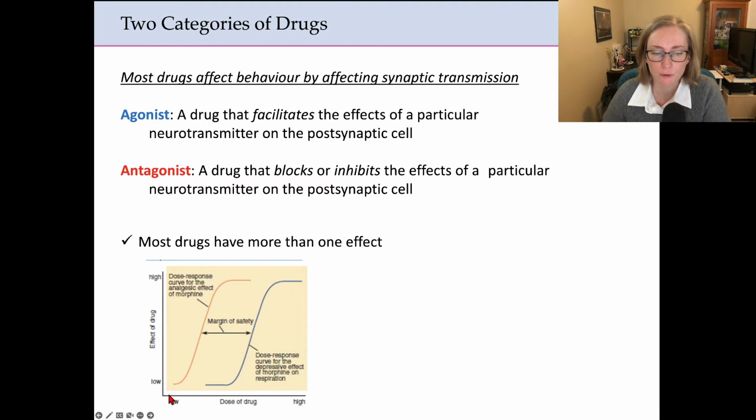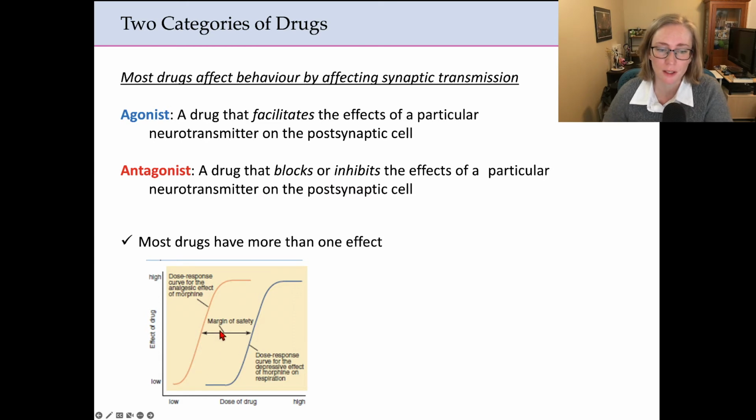However, if we move the dose of that drug to a higher degree, it's not just affecting your pain perception, it's also going to end up affecting your respiration. Too high of a dose is actually going to have a depressive effect on respiration. So if you want to be careful with morphine, you don't do too much or you stop breathing, right? Just enough so that you don't feel pain, not too much to where you kick the bucket.